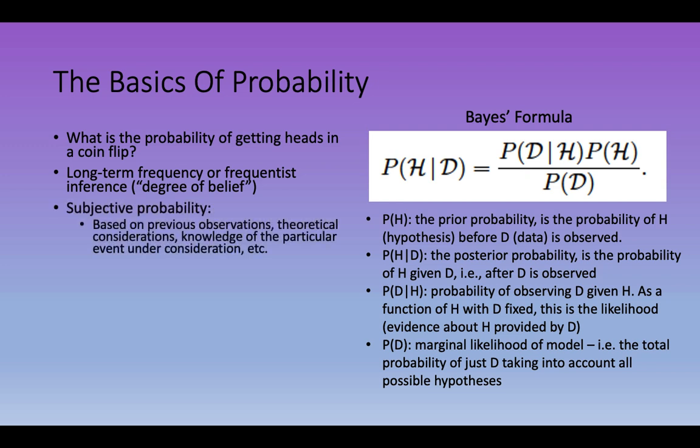But probability can be a lot more subjective than that. It doesn't always have a long-term frequency. It can be contextual. It can be all kinds of things. We can use previous information to drive our understanding of what's feasible. We can use other knowledge about theoretical considerations or context and environment.